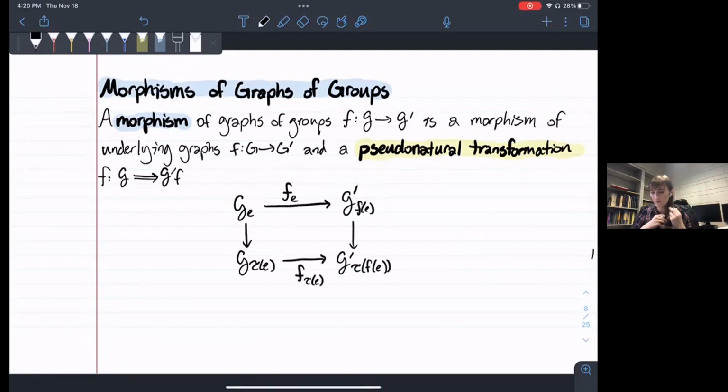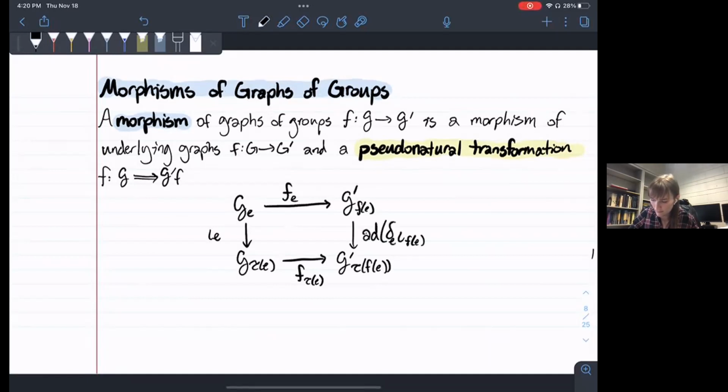And I also have homomorphisms from my vertex groups. Great. And here's the inclusion. If I were to write just the inclusion of G prime of F of E into the vertex group, I wouldn't be quite right. It turns out that there's a conjugation that you have to twist by.